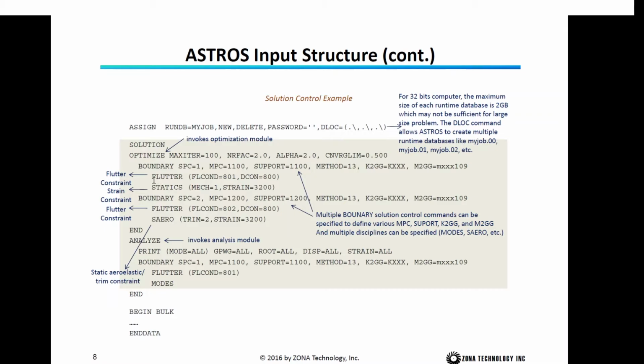For example, you have flutter and static analysis, and in this one you have flutter and ASTROS trim analysis. After the optimizer determines an optimized structure, you can specify analysis to perform a thorough analysis to verify that the optimized structure satisfies all constraints. And after that, you have a bulk data section.